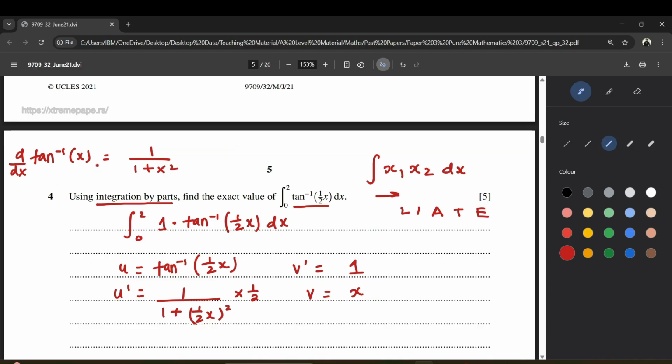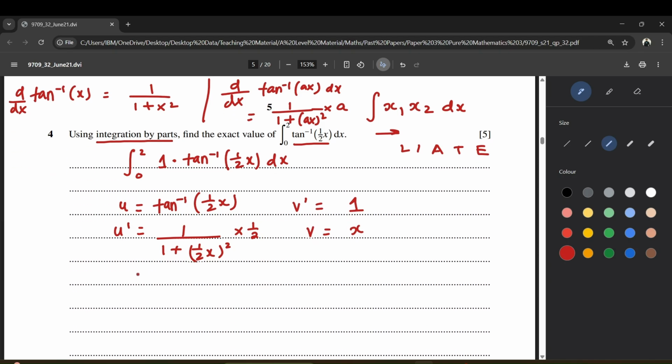So this is the standard result. But if I want to differentiate tan inverse of ax, where a is a constant, the answer to this will be 1 over 1 plus ax whole square multiplied by the derivative of what's inside the function, which is a. So you can see that this is exactly what I've done here. So ax comes underneath, whole squared, multiplied by the derivative of what's inside the function, which is half.